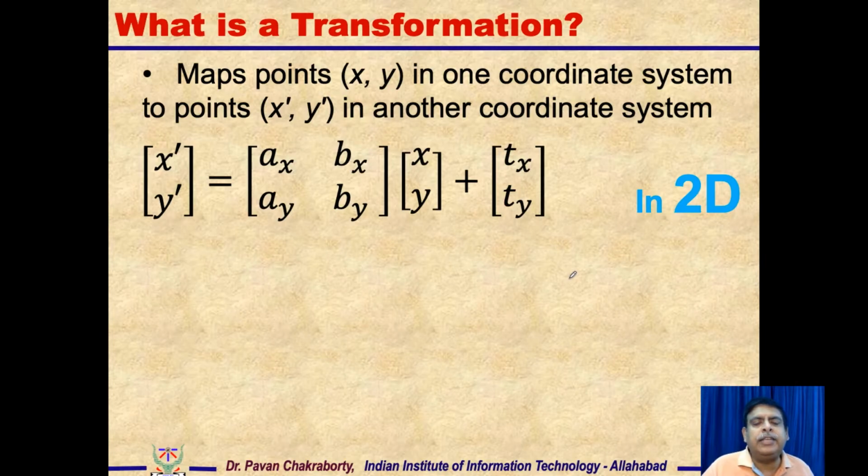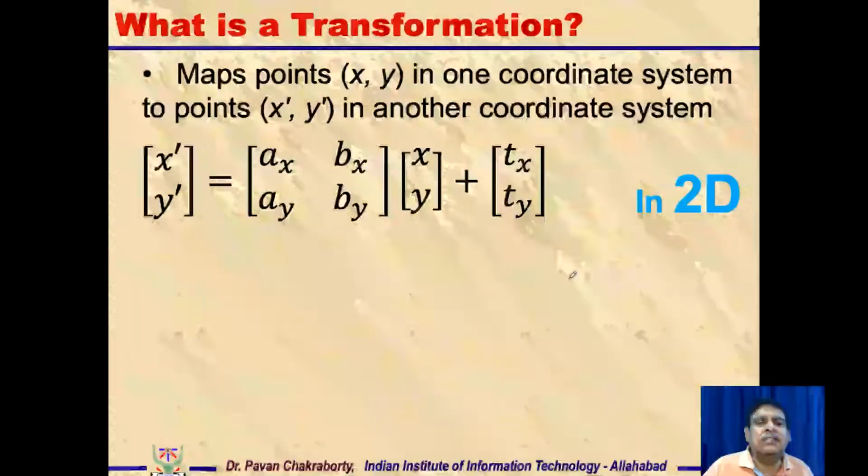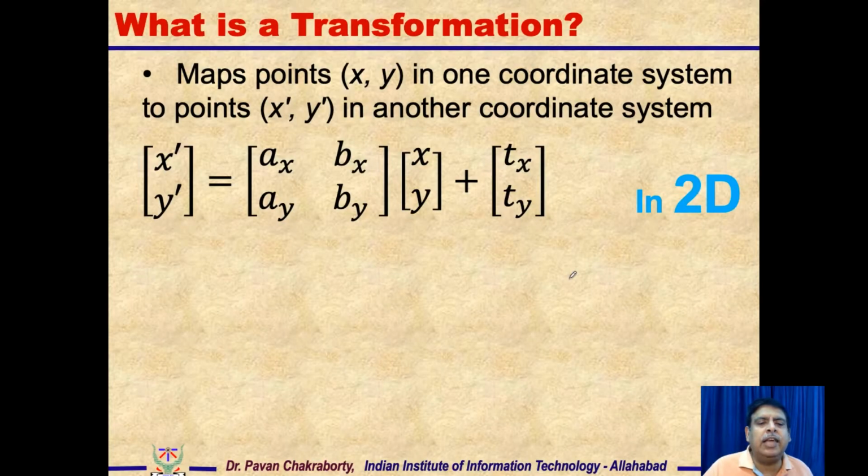Now, we could represent the same equations in a matrix format, and in two dimensions, this matrix looks like: the vector x prime, y prime will be equal to a matrix a_x, b_x, a_y, b_y multiplied by a vector x and y, plus a translational vector t_x, t_y.